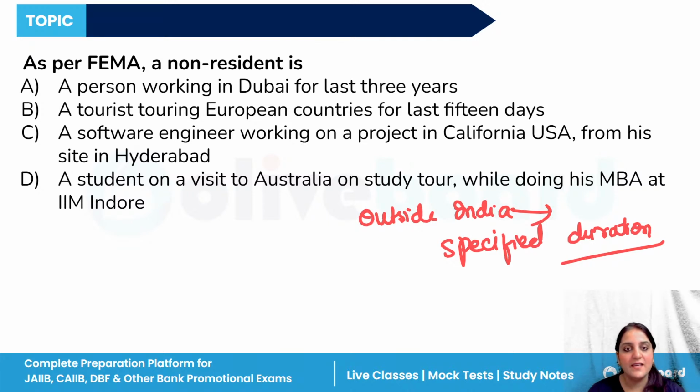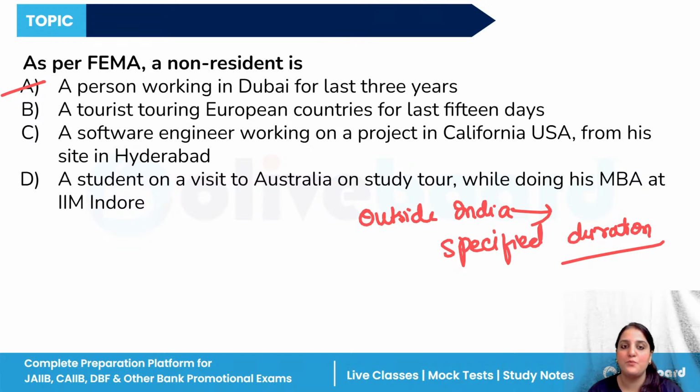So here the question is asking who is non-resident. According to the 182 days rule, a person who has been in Dubai for the last 3 years can be a non-resident.